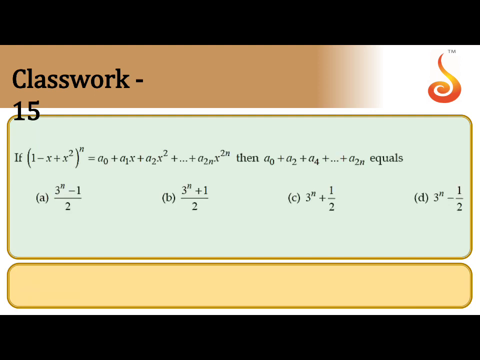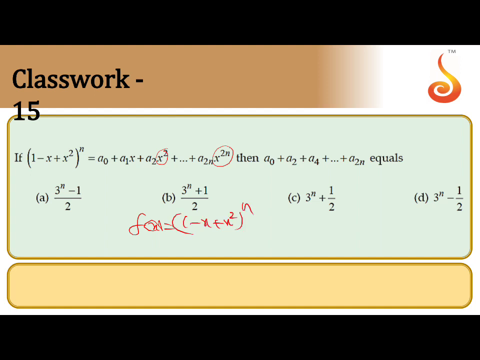Next, (1 - x + x squared) to the power n equals a0 + a1 x + a2 x squared and so on up to a2n x power 2n. Then find the value of a0 + a2 + a4 and so on, where a2 is the x squared coefficient, a4 is the x power 4 coefficient, and a2n is the x power 2n coefficient. That means we require the sum of the even powers of x. Here also there is a formula. Take f(x) equal to (1 - x + x squared) to the power n.